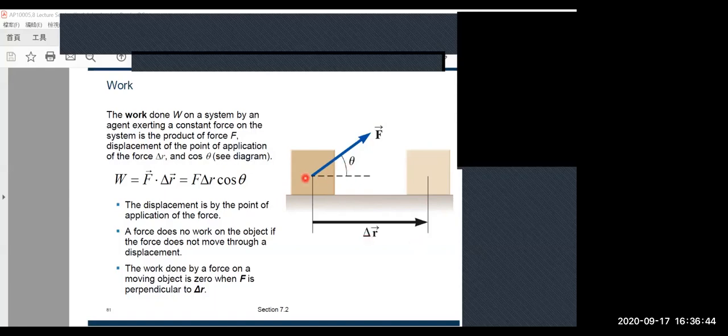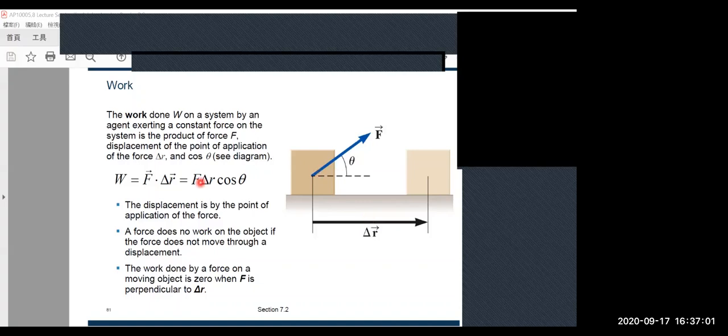And in between the force vector and the displacement vector, there is an angle, theta. So the work done is given as what we call a dot product between the force vector and the displacement vector.